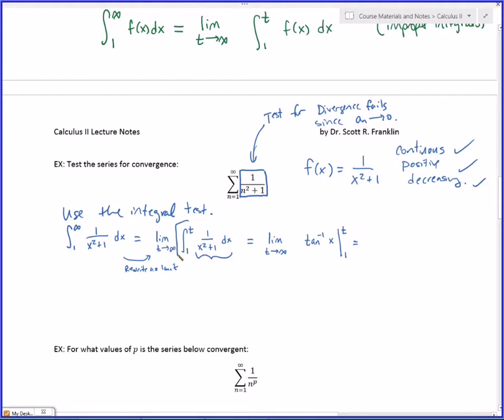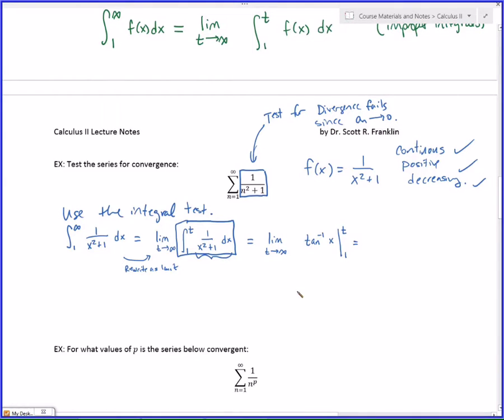Well, before we take the limit, I need to do something else. I found that the antiderivative of this is tangent inverse, and it goes from 1 to t. So what do I do before I do the limit?